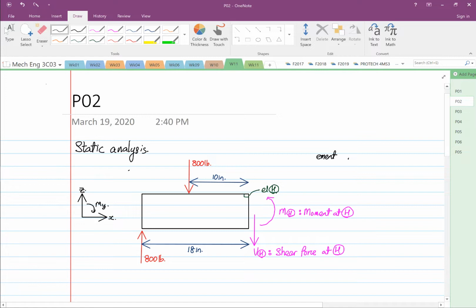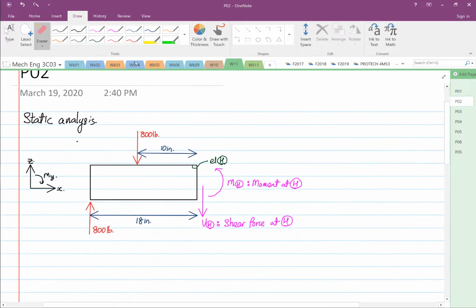The static analysis is to find VH, the shear force at point H, and moment at point H.